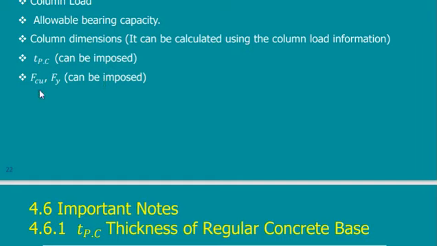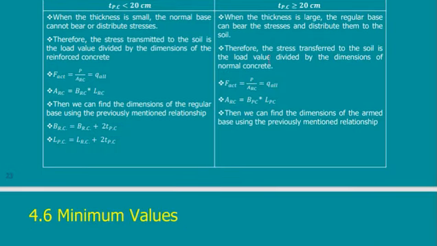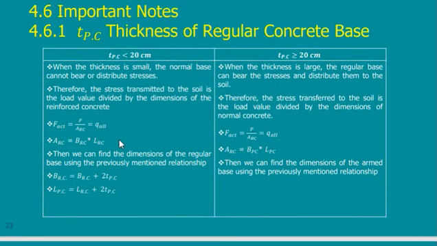FCU and F yield should also be assumed. You assume what type of concrete and what type of steel. This is a table for the comparison between the two cases.